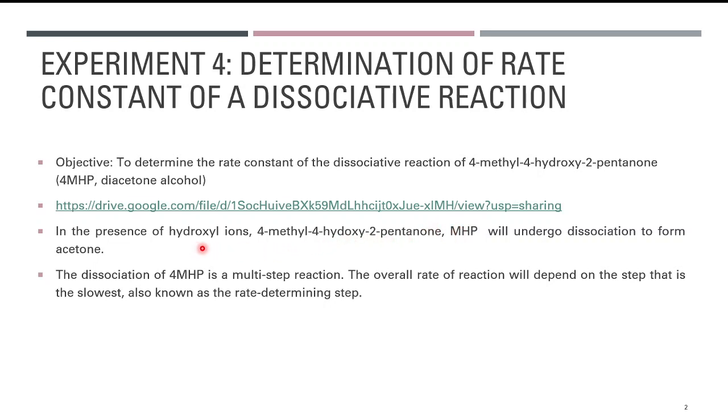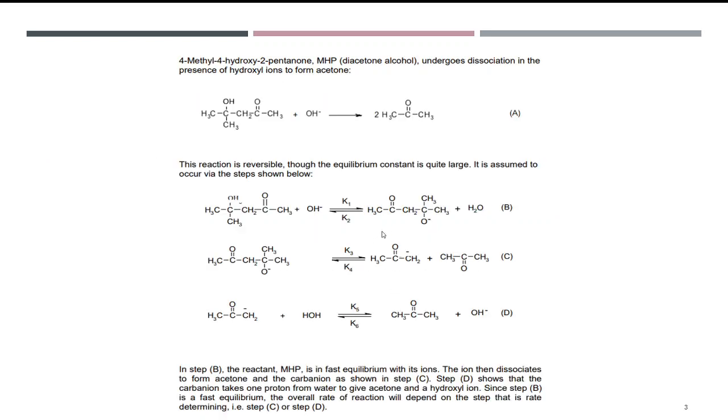So in the presence of hydroxyl ions, the 4-MHP will undergo dissociation to form acetone. And because this is a multi-step reaction, the overall rate of reaction will then depend on the step which is the slowest, and that's known as the rate determining step. So here we have the MHP undergo dissociation.